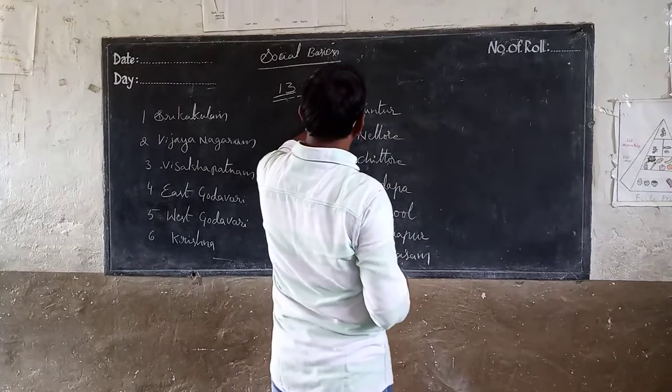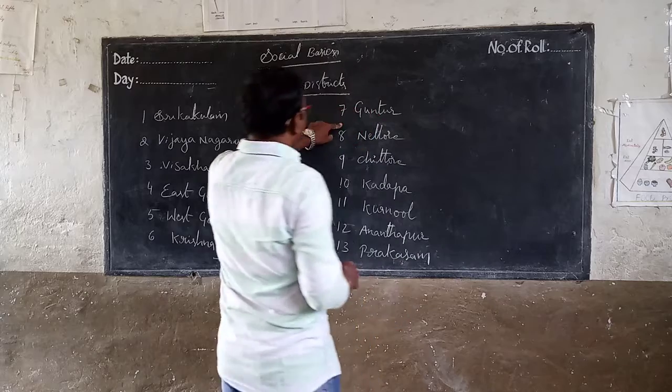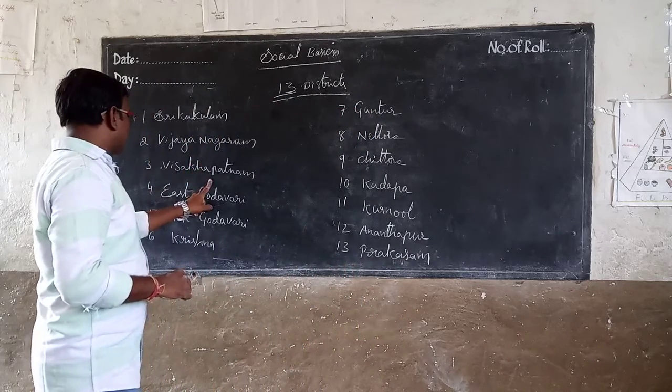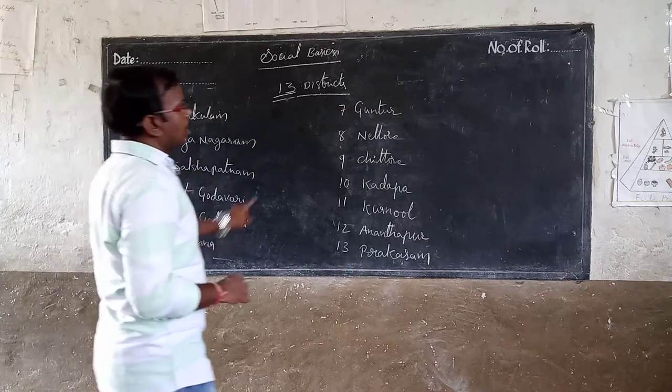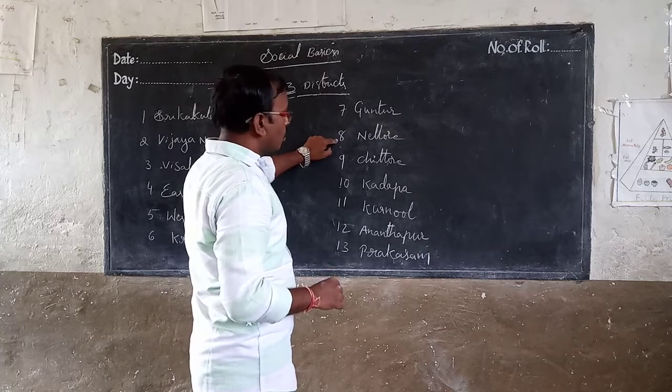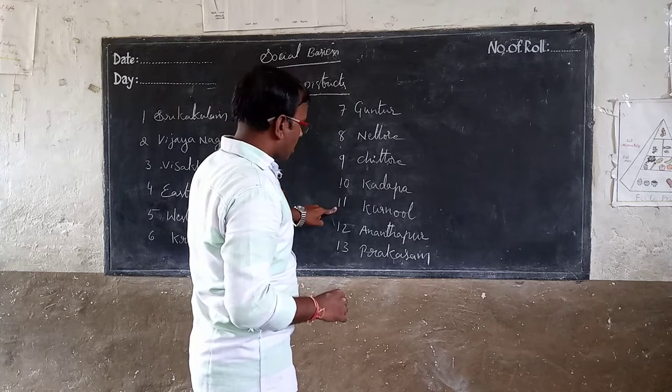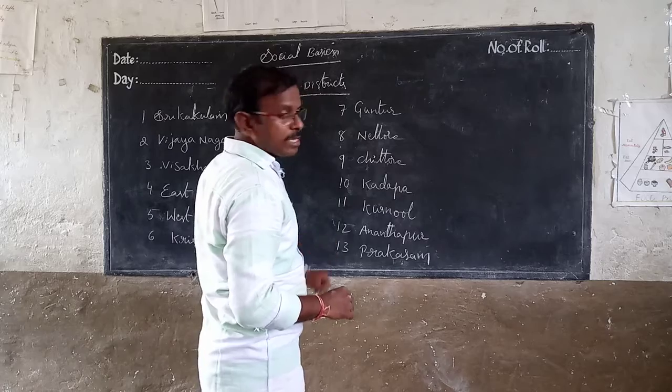Prakasam will come near Guntur. Okay. Srikakulam, Vijayanagaram, Visakhapatnam, East Godavari, West Godavari, Krishna, Guntur, Prakasam, Nellore, Chittoor, Kadapa, Kurnool, Anantapur, like that it will become.